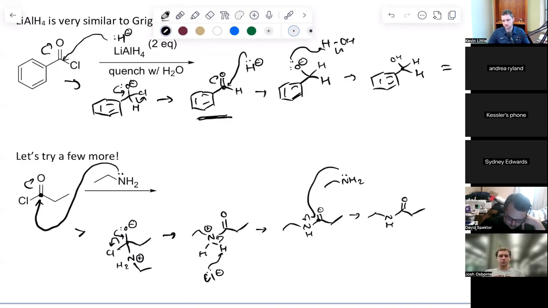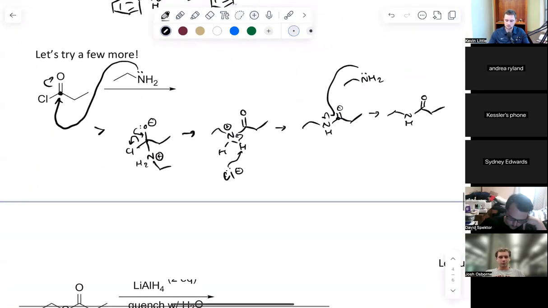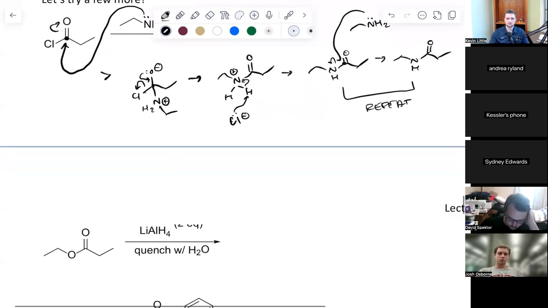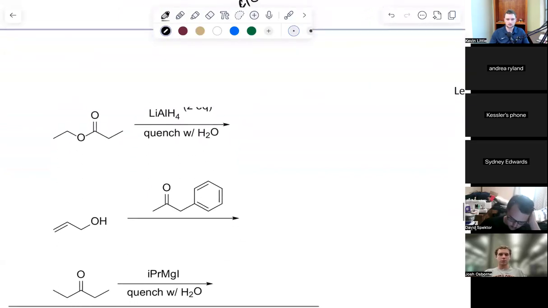So it's just not worth doing. But the LAH and the Grignards are. But I think if you just walk through the steps, it's pretty intuitive. Well, maybe not intuitive, but there's a pattern. And it'll help to see this pattern over time.